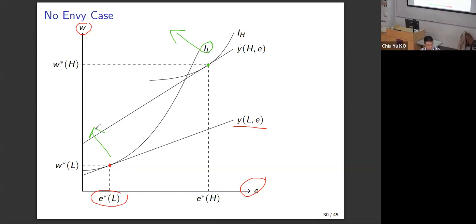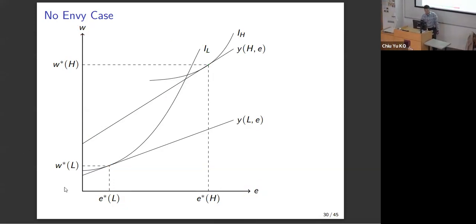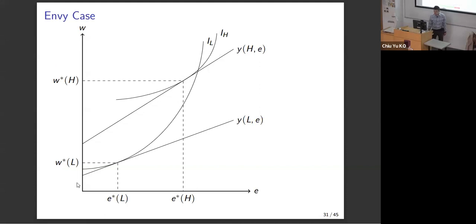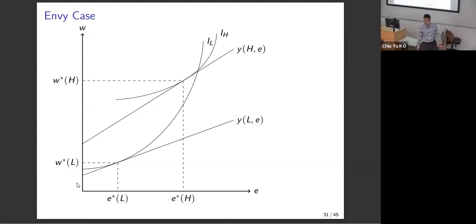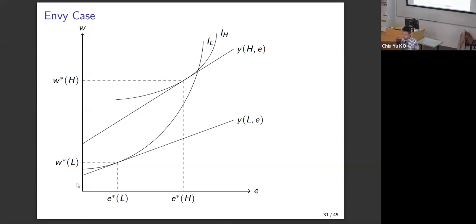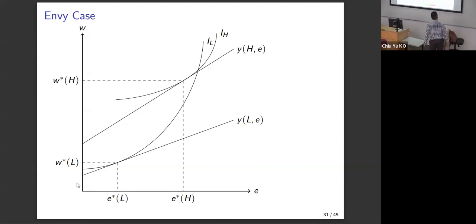If it's the NV case instead, then it's not an equilibrium. We have to make sure our equilibrium cannot have an NV case. In the NV case, it cannot be an equilibrium.